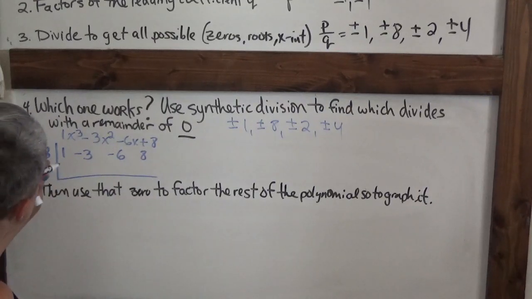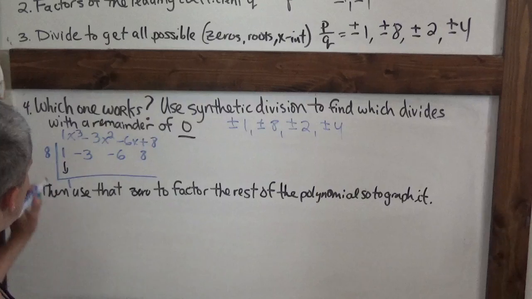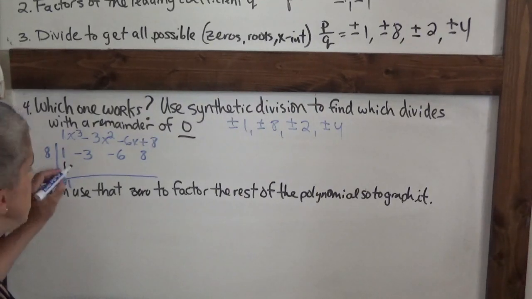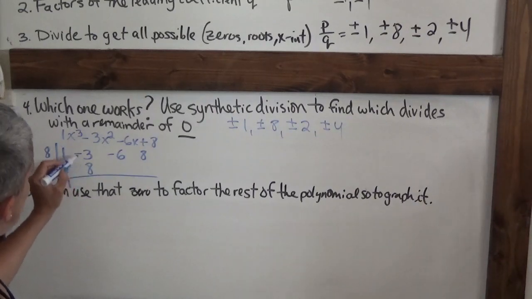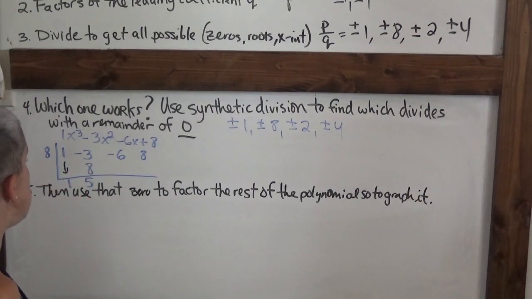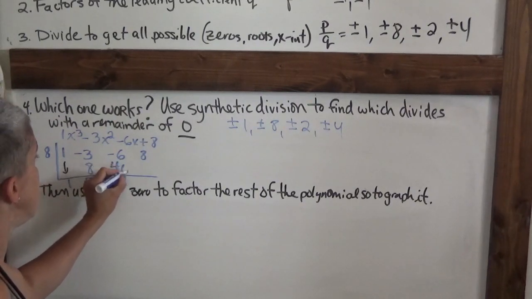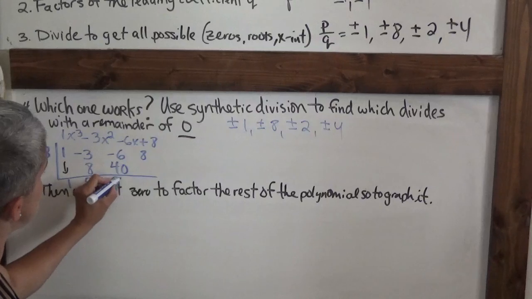Remember, you're always bringing down that first number. Bringing down the 1. What was the process again? 1 times 8 is 8. Put it in that next spot. Add these 2 up. Negative 3 plus 8 is 5. Multiply 8 times 5 is 40. Add those 2 up. Negative 6 plus 40 is 34.